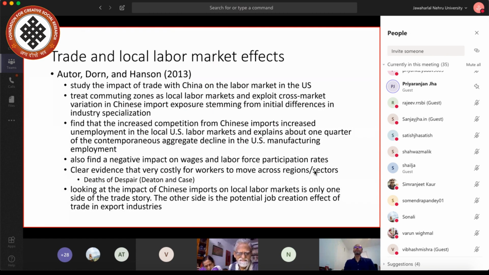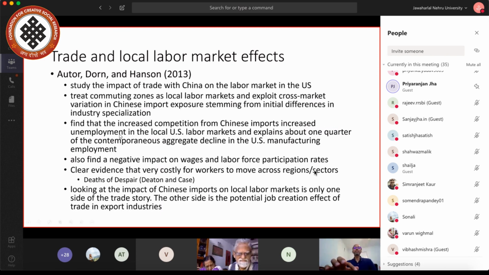If that commuting zone produces a lot of goods that compete with China, then that commuting zone is highly exposed to Chinese imports, and so a lot of jobs could be destroyed in that commuting zone. If a commuting zone does not have a high exposure to Chinese imports because its industrial structure is very different, if it is producing goods for exports, then it won't.